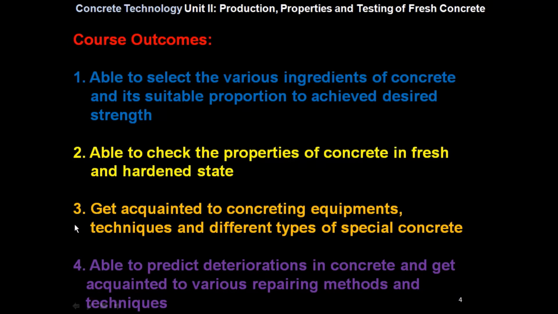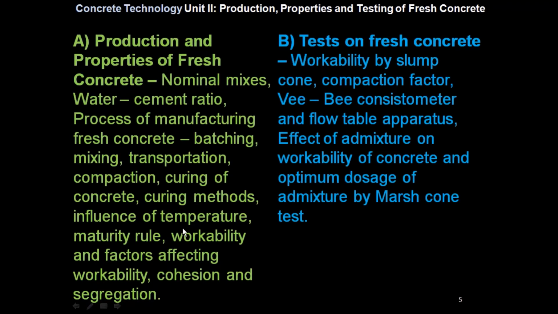Third, students will get acquainted to concreting equipment, techniques and different types of special concrete. Fourth, students will be able to predict deteriorations in the concrete and get acquainted to various repairing methods and techniques.